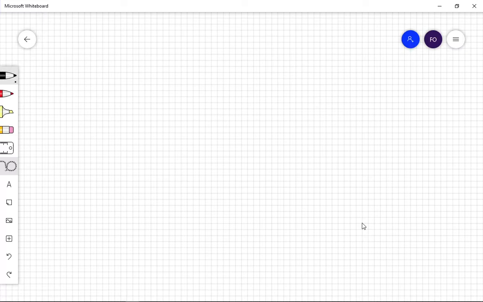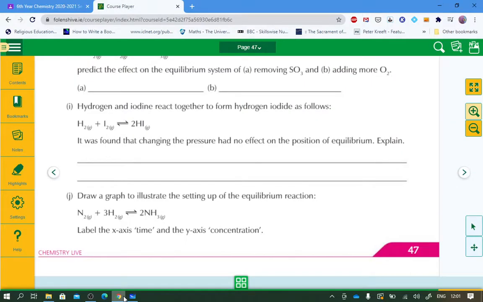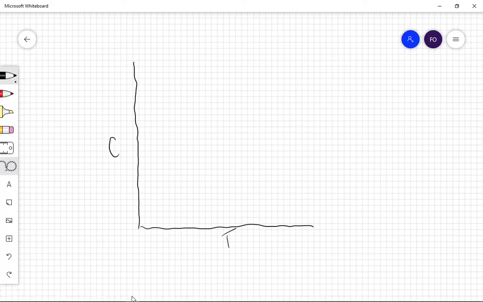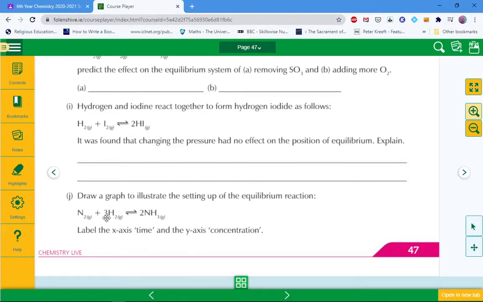So, if I take the x and the y axis, now forgive my handwriting because I'm doing this on the screen, and we're told, if I can remember, that the x-axis is time and the y-axis is concentration. Okay, now what are we starting off with? We're starting off with N2 and H2.